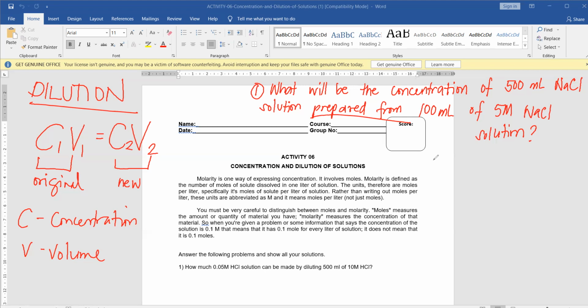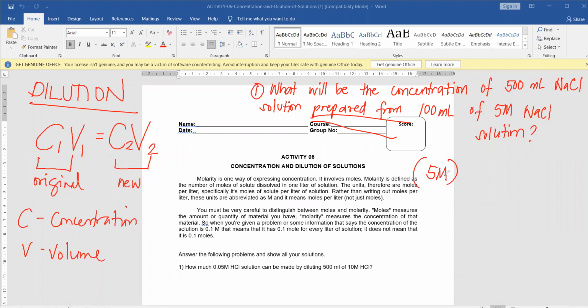So hindi ito actually mahirap na computation kasi again, ang formula lang naman natin ay C1V1 equals C2V2. Now again, this is the C1 and V1 are for the original solution, and then you have a hint there in your problem, prepared from, galing sa, meaning siya ang original solution. So the concentration for that is 5m.